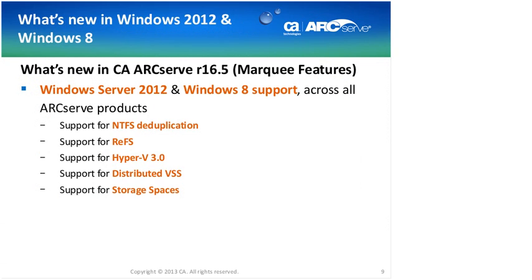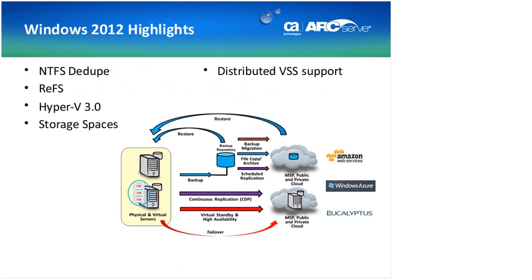Okay. Now, let's look at what the new features are in Windows 2012 and Windows 8. Together with the release of CA Access 16.5, the new features of Windows Server 2012 and Windows 8 are supported, such as NTFS deduplication, the Resilient File System, or ReFS, support for Hyper-V 3.0, distributed VSS, and the new technology of Storage Spaces, which is all new in Windows Server 2012 and Windows 8.